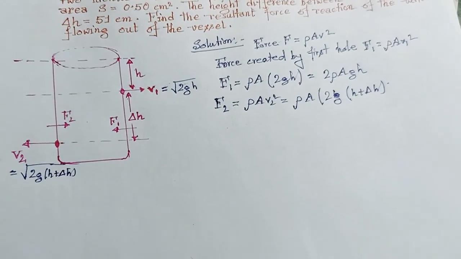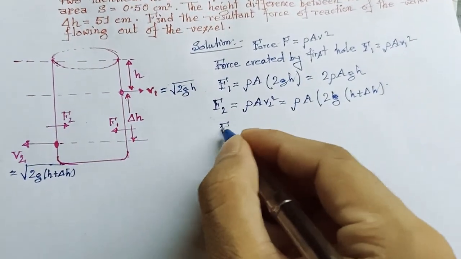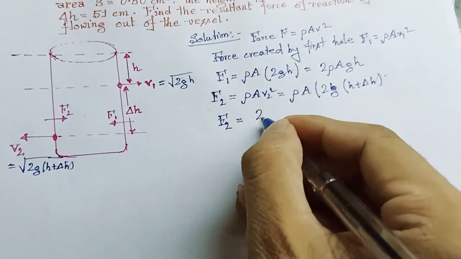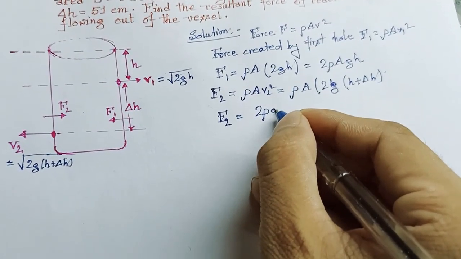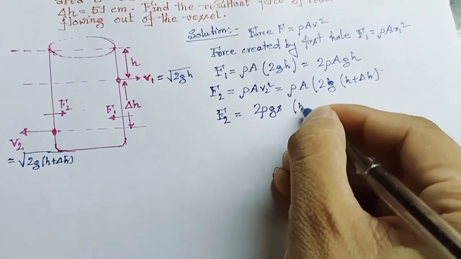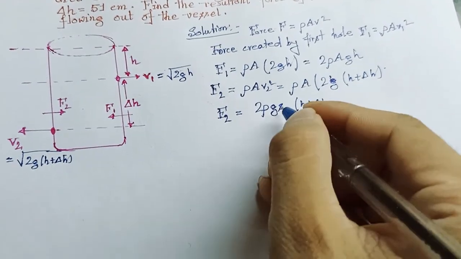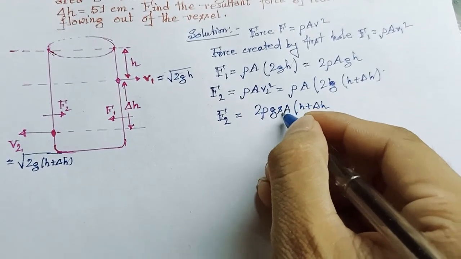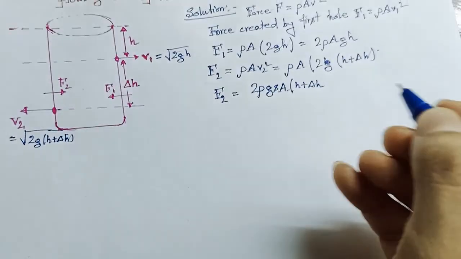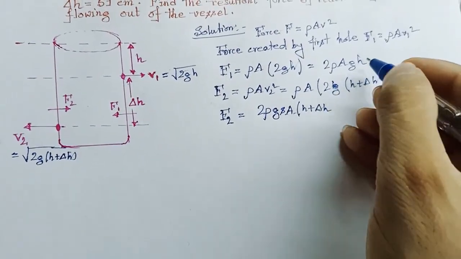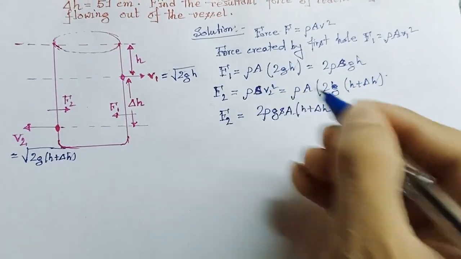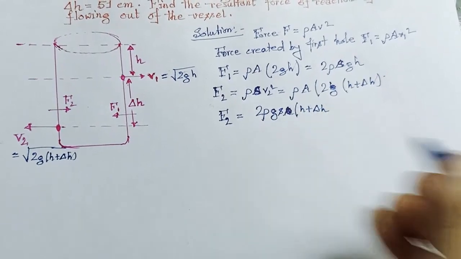Now if we arrange this, then our F2 will be equal to 2 rho g S into h plus delta h, or here A is S, 2 rho g S into h plus delta h.